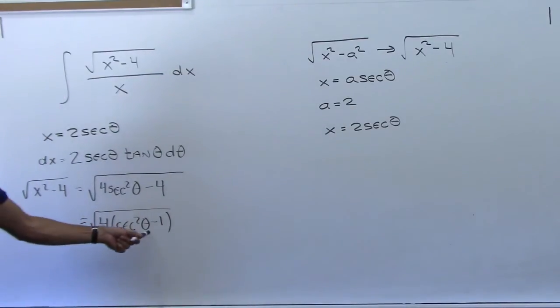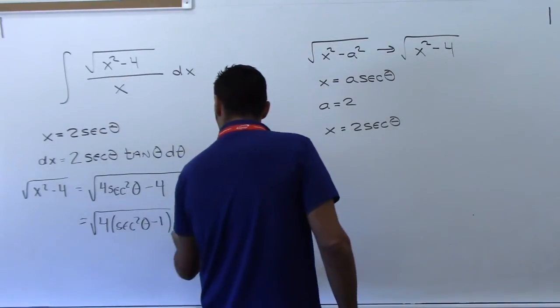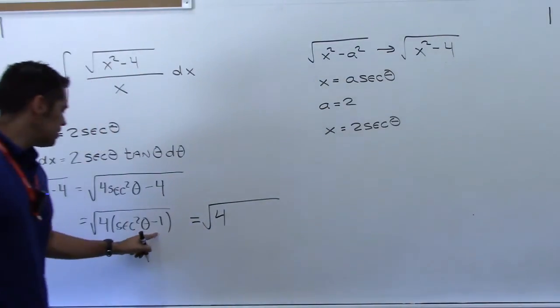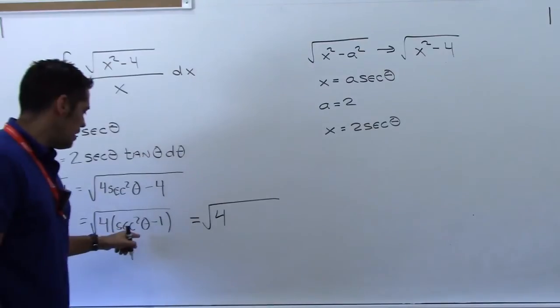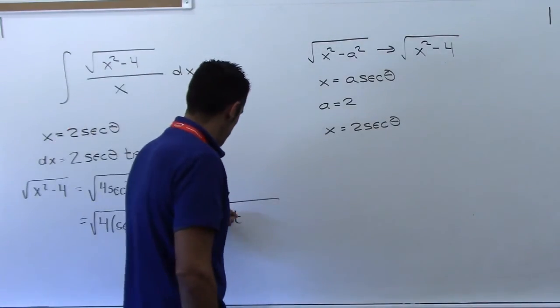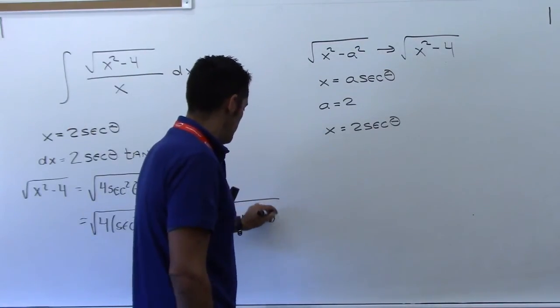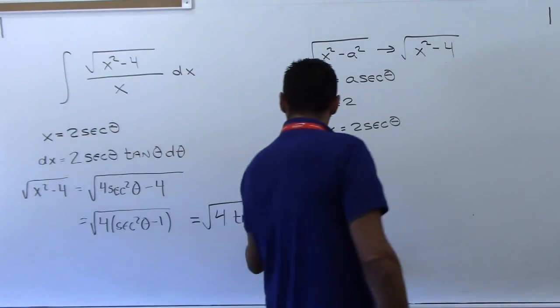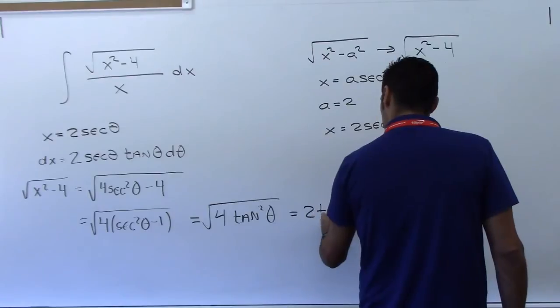Once you take it out of the root, then it's 2 tangent. Okay, good. So taking out the 4, you're left with this. That's a Pythagorean identity. That is tangent squared theta. And then square root of each one, you get 2 tan theta.